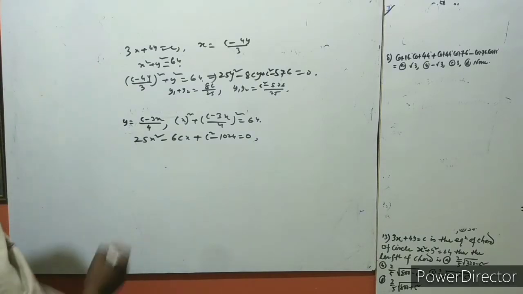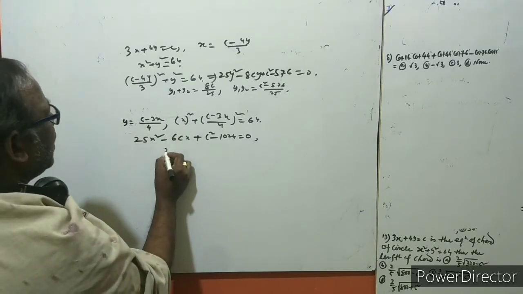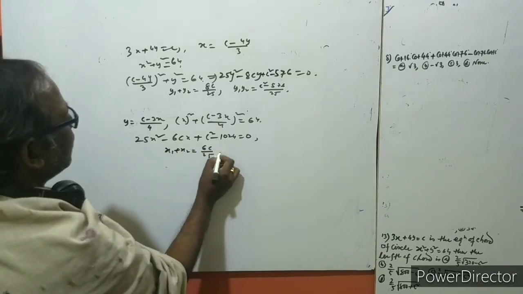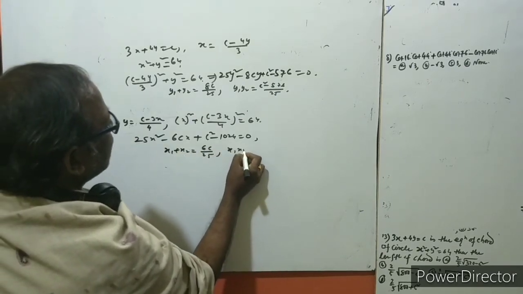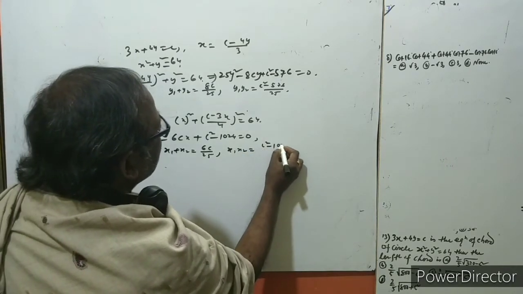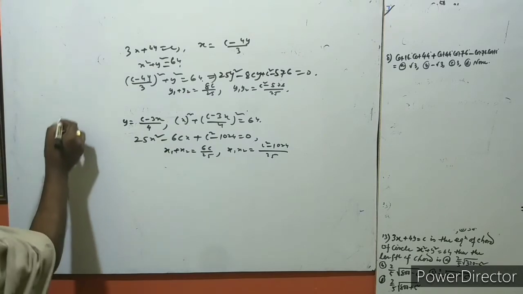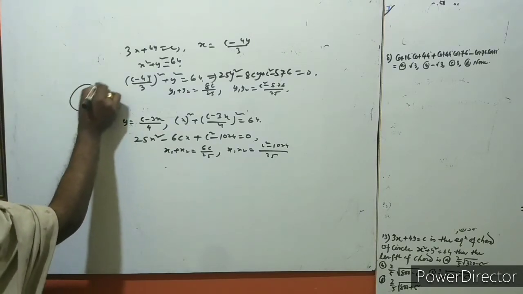And here x1 plus x2 is equal to 6c by 25, okay. x1 into x2 is c square minus this by 25.